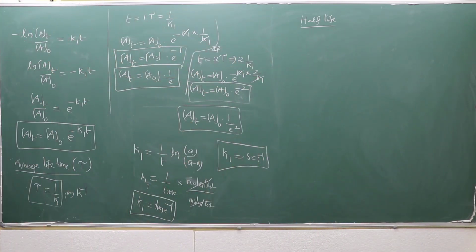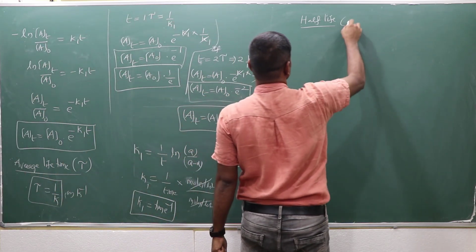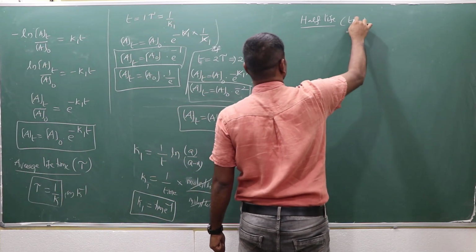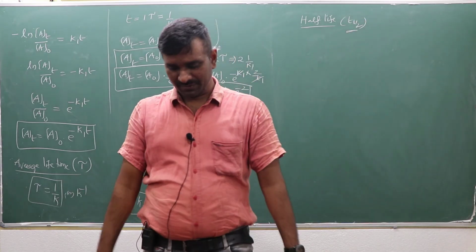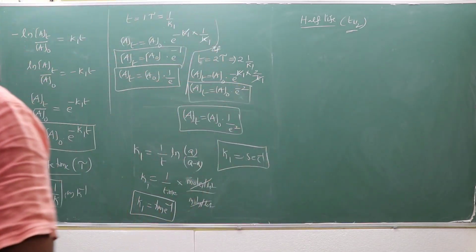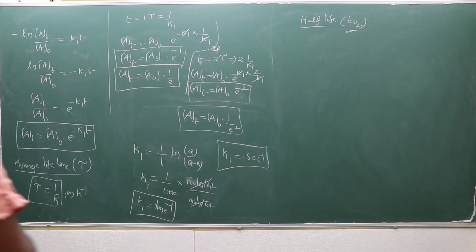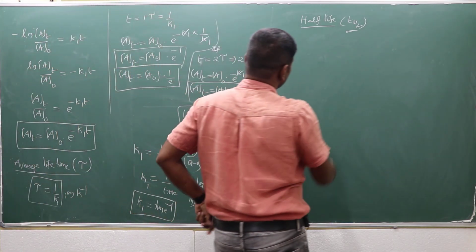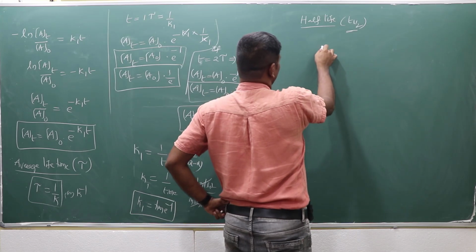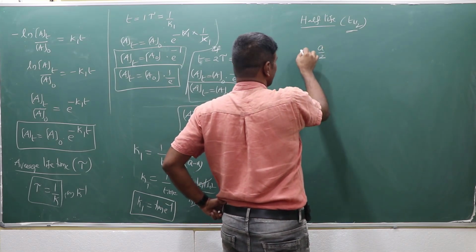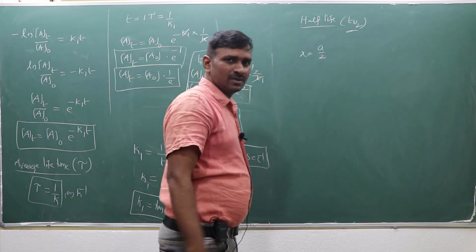Similar to the earlier one, half-life can be shown like this: t half is the half-life. Earlier we saw that the time required for the concentration of the reactant to become half is the half-life. So a is going to be a by 2, that means x is equal to a by 2.